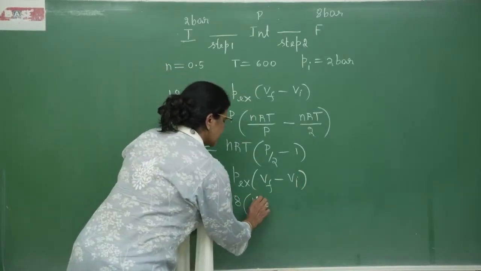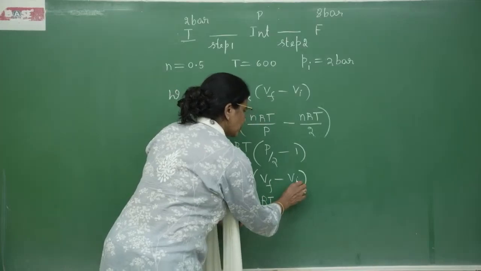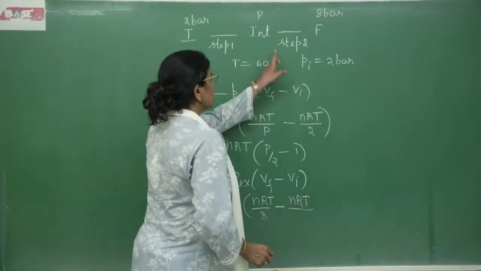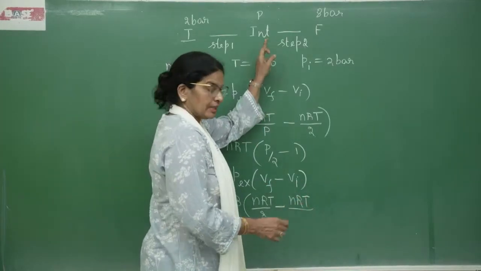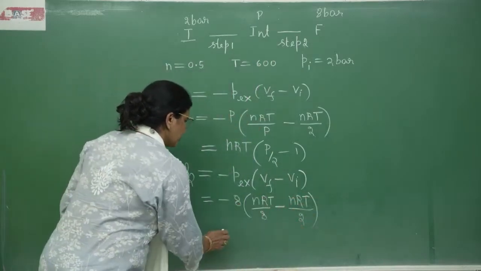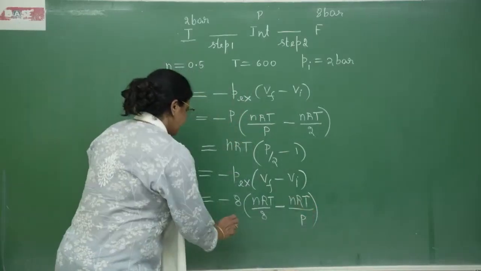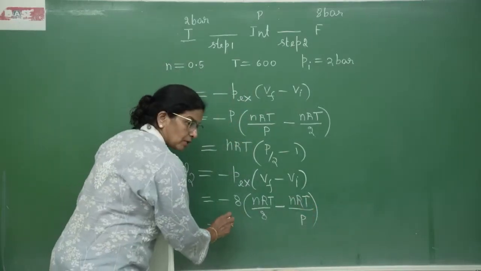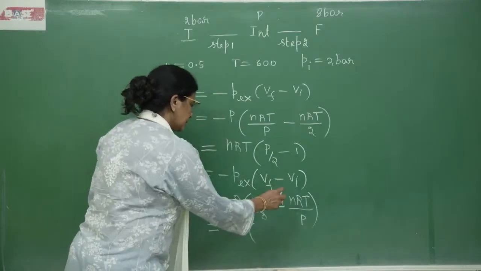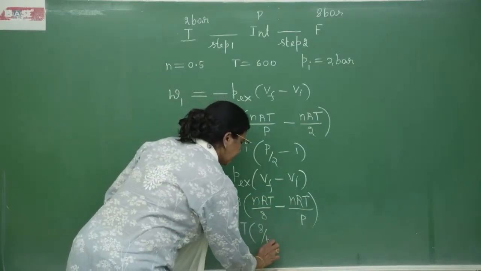So V final is nRT divided by 8 minus V initial, which will be nRT divided by the initial pressure of the intermediate step, that is P. So if you simplify and take nRT out, this will be 8 by P minus 1.